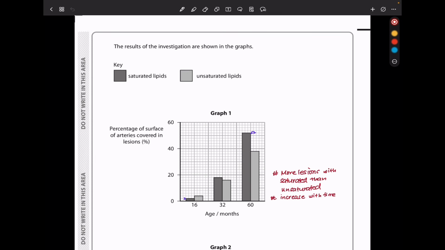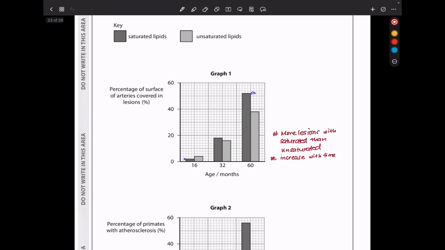They say the results of the investigation are shown. So we can see from the key, these are for saturated lipids and these are unsaturated lipids. And for the first graph, on the vertical axis, we have the percentage of surface of arteries covered with lesions as time passes, all the way to 60 months. We see there is a higher percentage of lesions with those who took saturated lipids than those that did not.